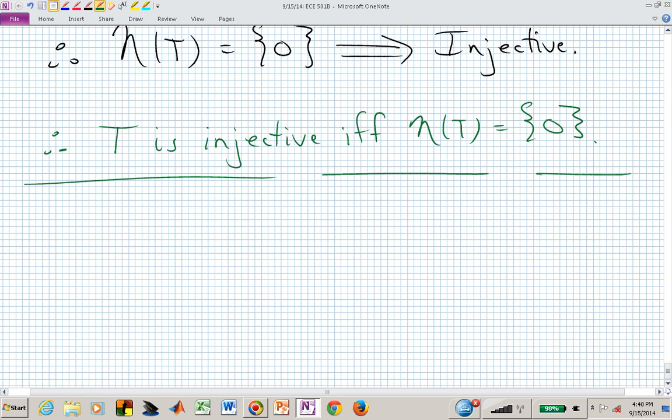Which allows us then to talk a little bit about what it means to have a non-injective map. If an injective map means that your null space is the 0 vector, then a non-injective map must mean that you have a non-trivial null space.